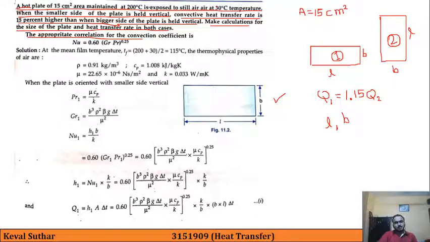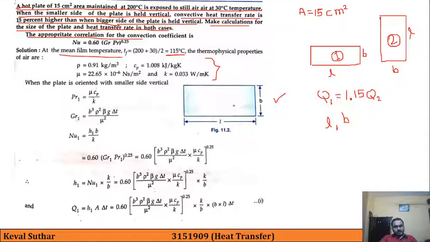Now we are given two temperatures, first is 200 degrees Celsius and second is 30 degrees Celsius. So here the mean film temperature is 150, and we can obtain these values from the heat transfer data book. Here we are considering the first case, when the smaller side is held vertical, that is, B is the vertical dimension here. So Pr1 will be mu Cp by k.